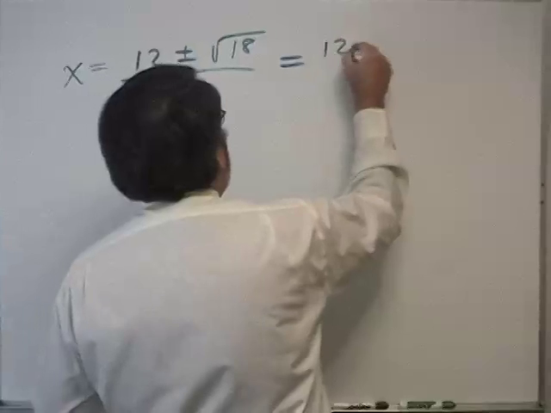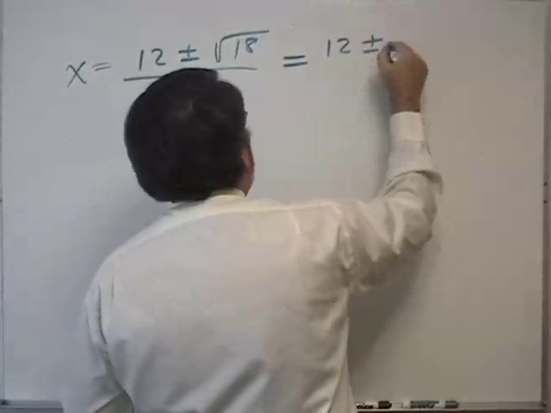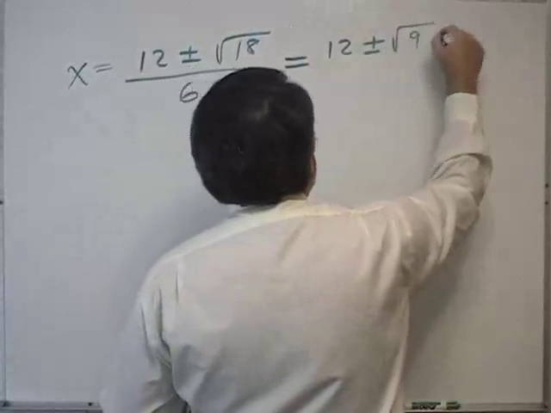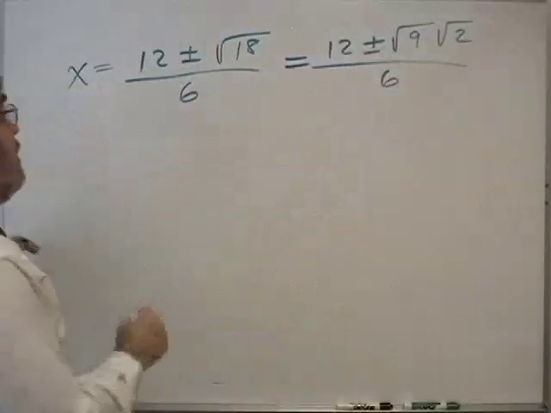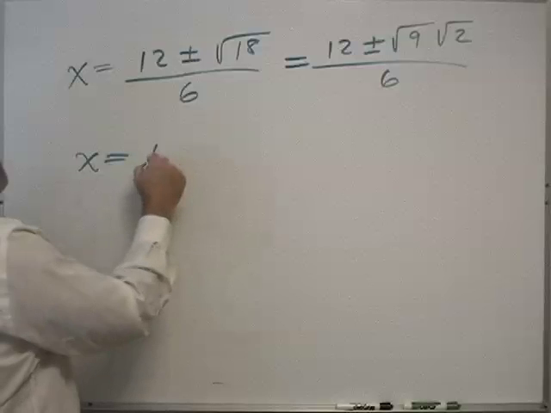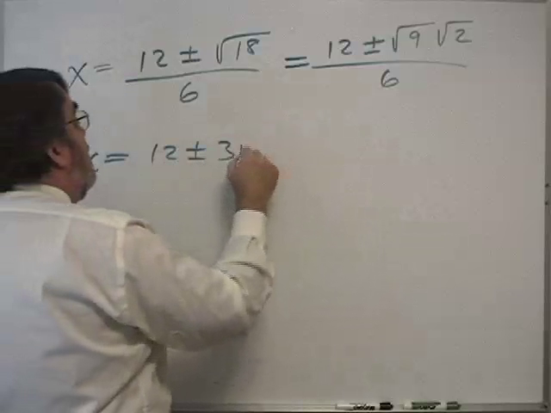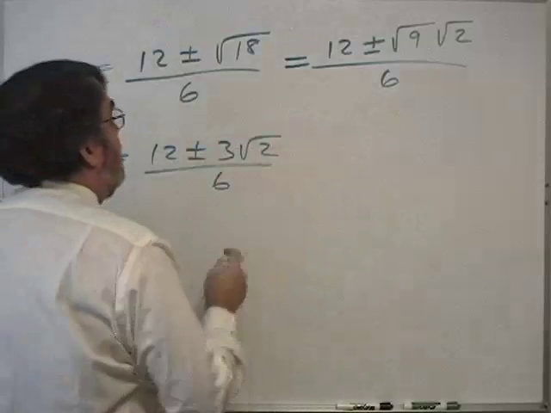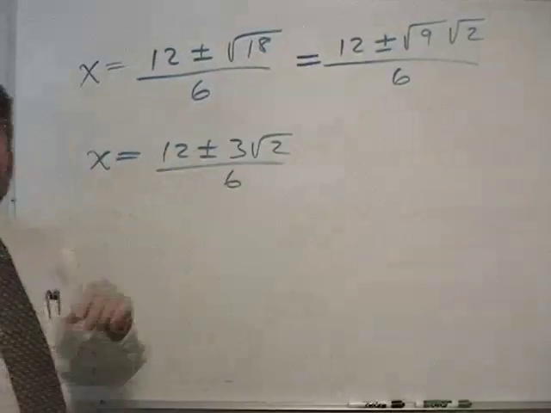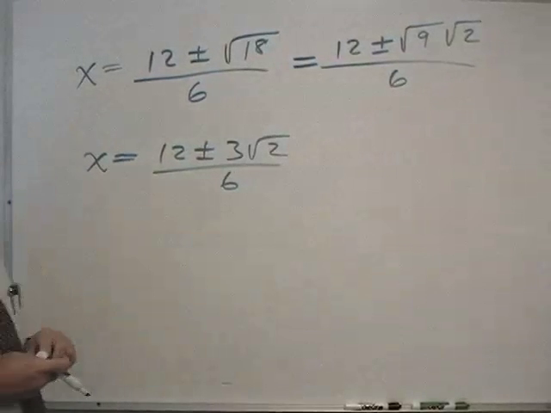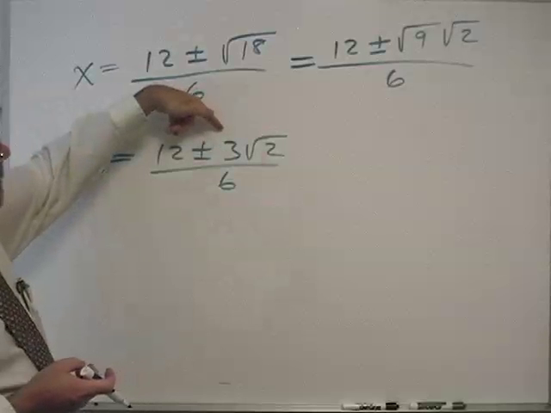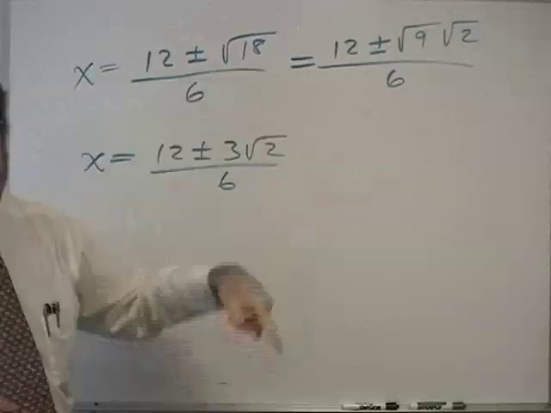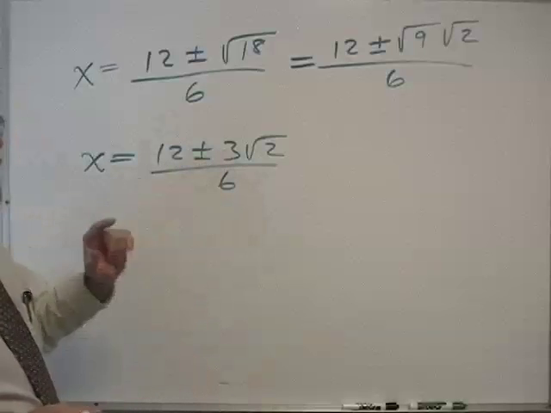So let's see what happens here. The square root of 18 is the square root of 9 times the square root of 2, and then the square root of 9 is 3. So I simplified this square root. And now in 12 plus or minus 3 square roots of 2, both terms have a common factor of 3, so we can factor a 3 out.